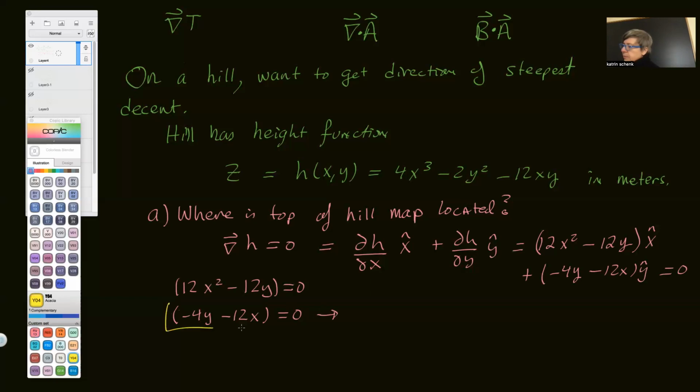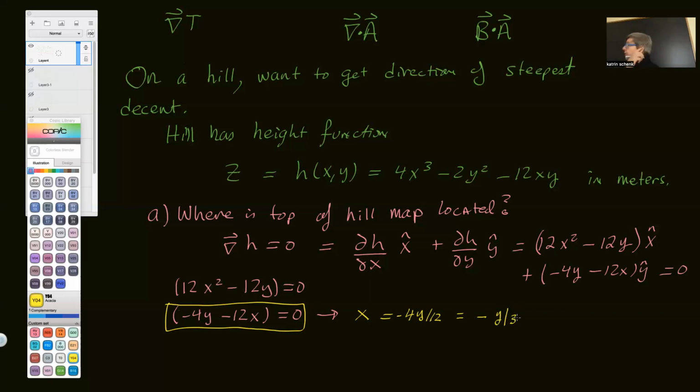We're doing this one here, and let's solve for x. So x is going to be negative 4y over 12. Am I right? Check my algebra, and that's negative y over 3.